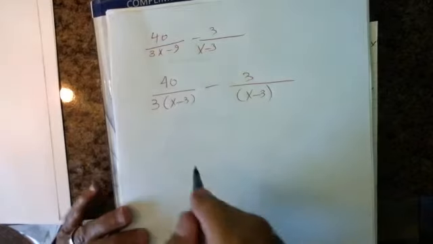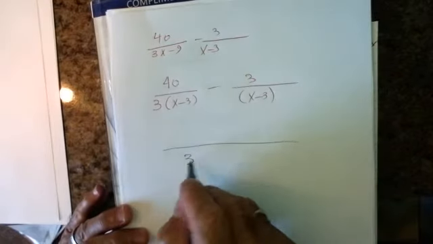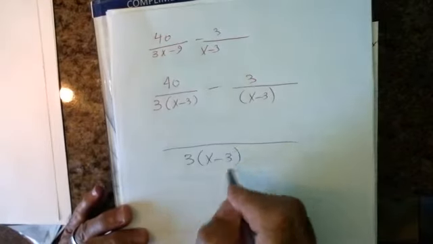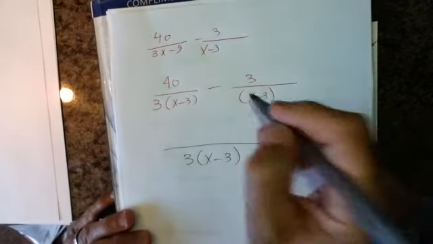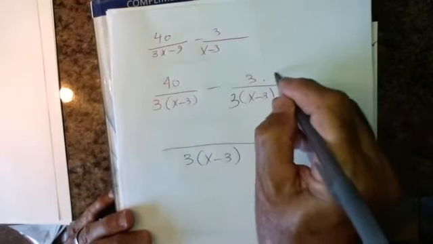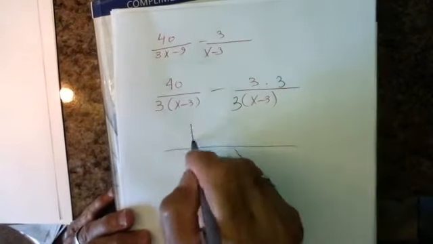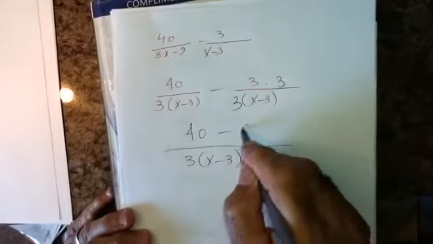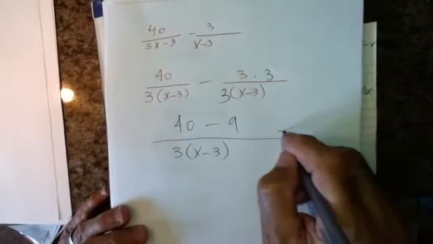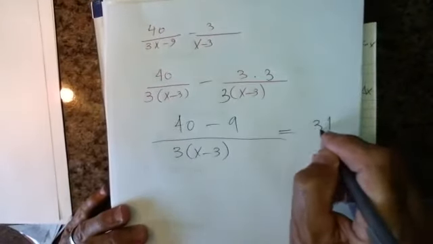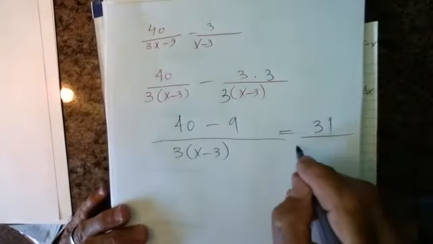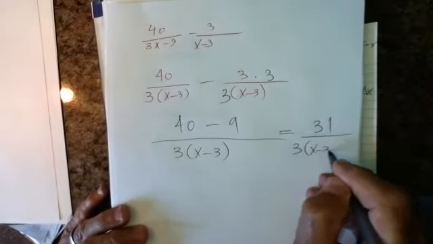You want the denominator to be 3 times x minus 3. So what you do is you put a 3 here and 3 there. So it would be 40 minus 9, 31 over 3 times x minus 3.